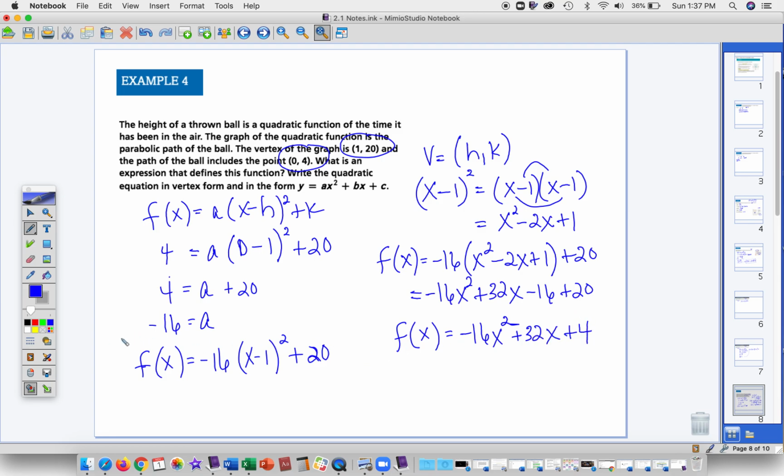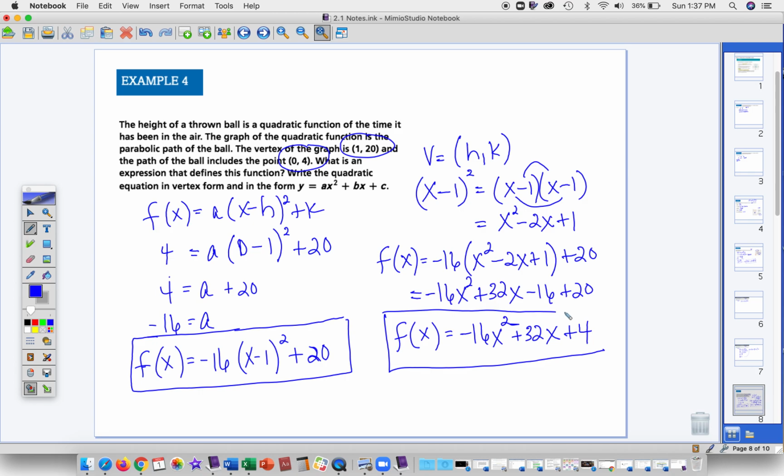Okay, so here's the vertex form, and here's the ax squared plus bx plus c form. And both of these are very useful forms, so you do need to know both of these.